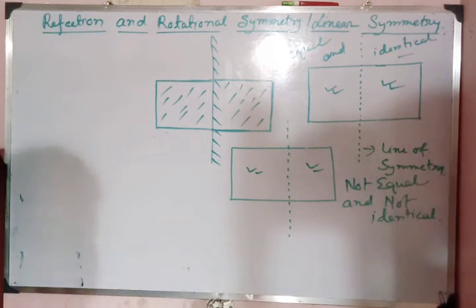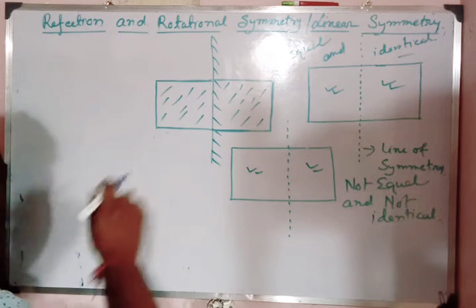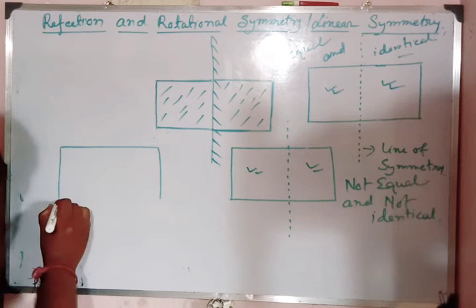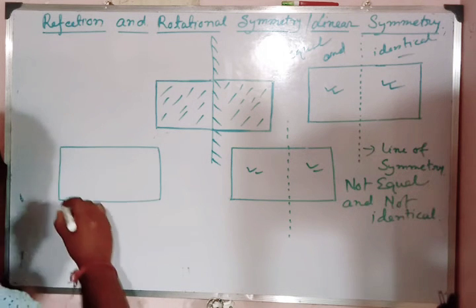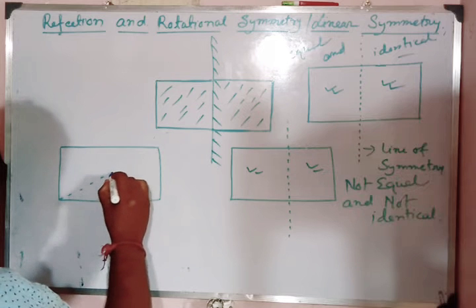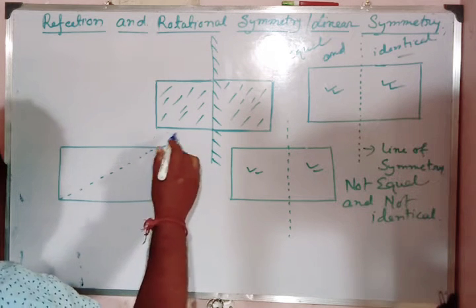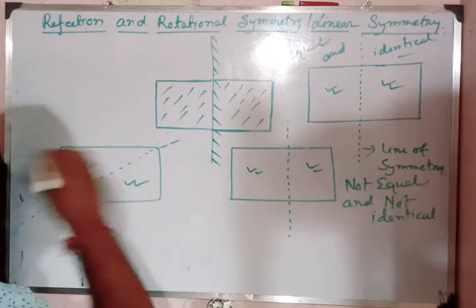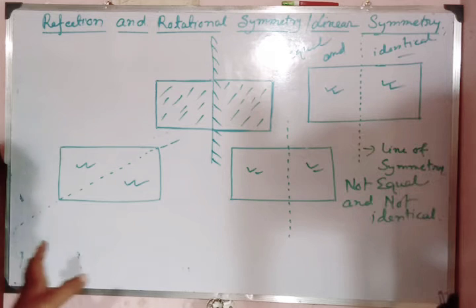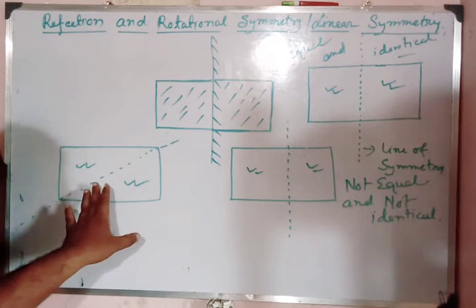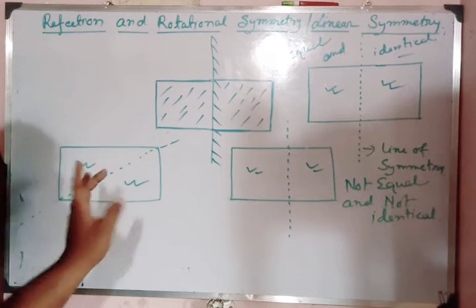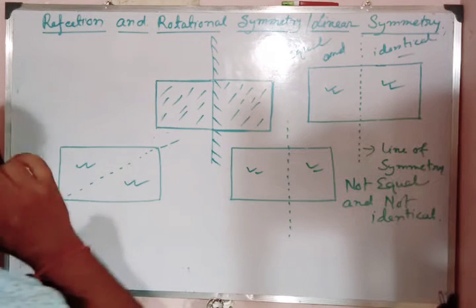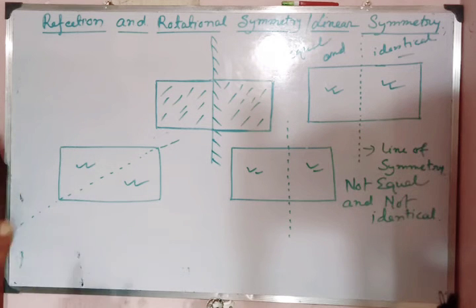Understood? Now, again I am taking the similar figure over here and drawing a line. We are getting these two triangles. If we observe, these two triangles are equal, meaning equal in area, but they are not identical.